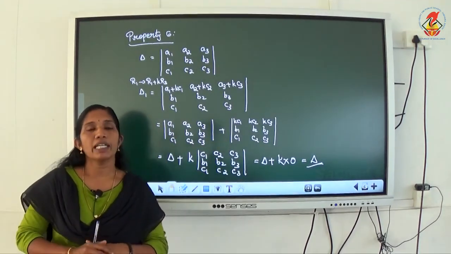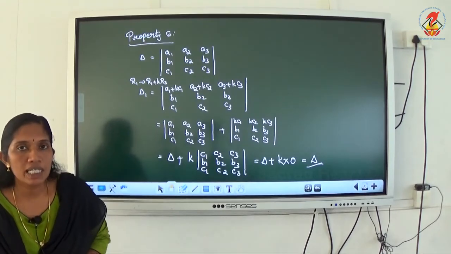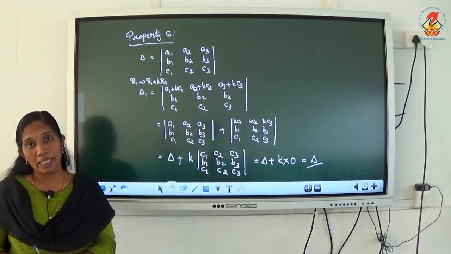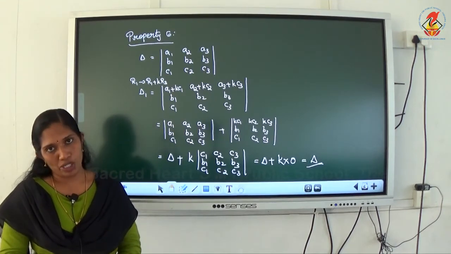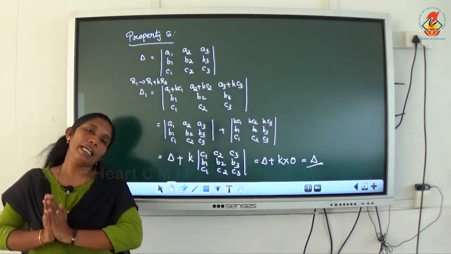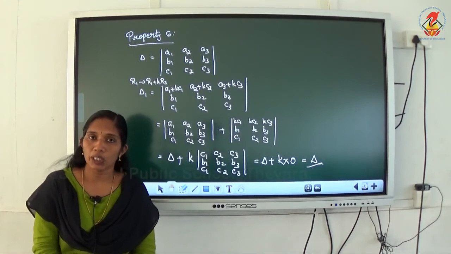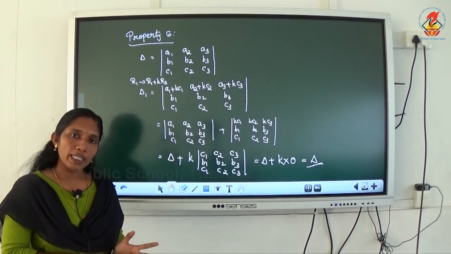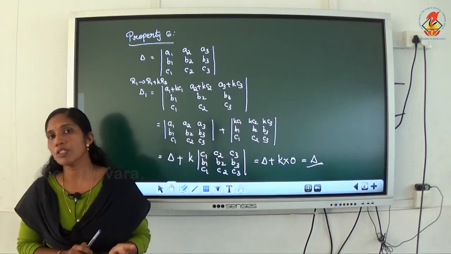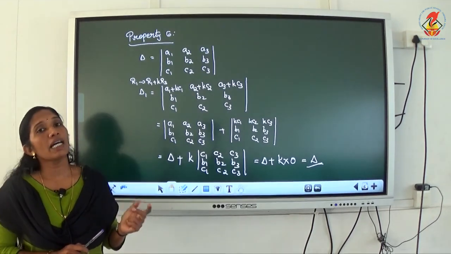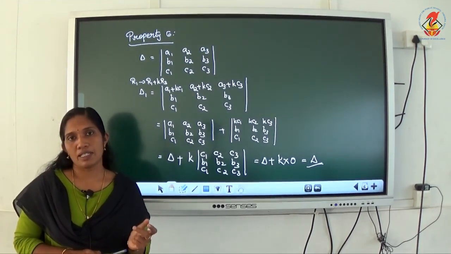So once again we can revise. Property 1: the value of the determinant remains unchanged if its rows and columns are interchanged. That means determinant A and determinant A transpose are both the same. The second property: if we interchange any two rows or any two columns of a determinant, then the sign of the determinant changes.